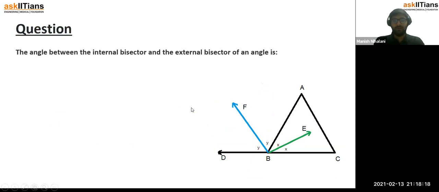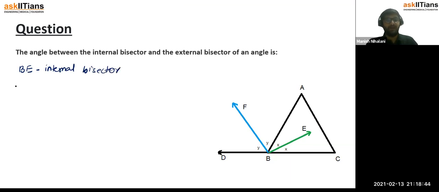Right. So now let's solve a pretty simple question based on this knowledge. We have the angle between the internal and external angle bisector. First we need to spot what the bisectors are. So we would say BE is the internal angle bisector, whereas BF is the external angle bisector.